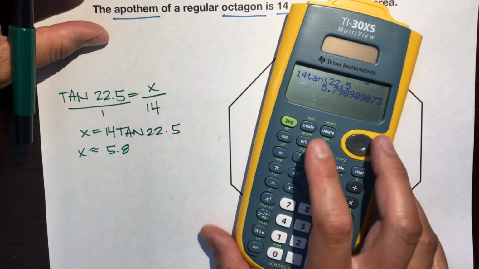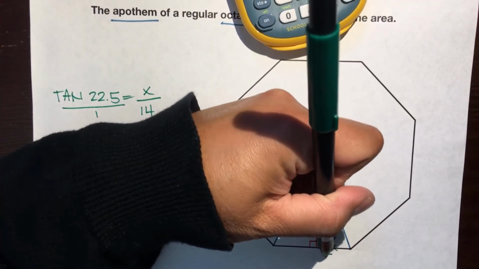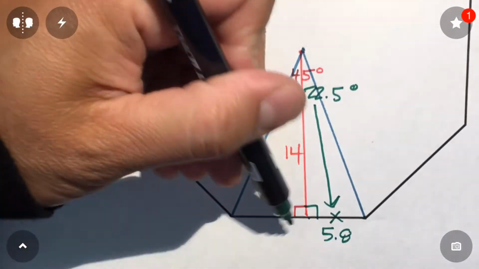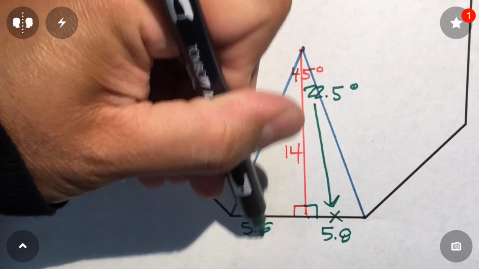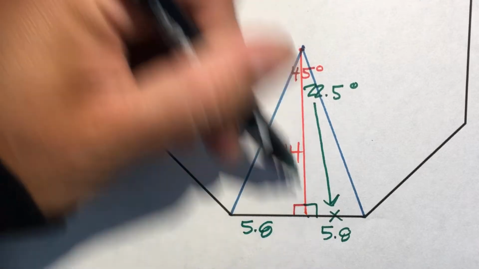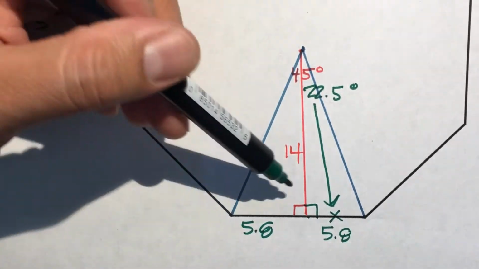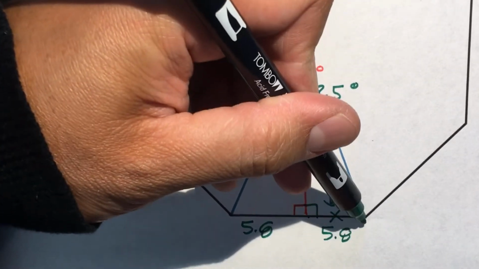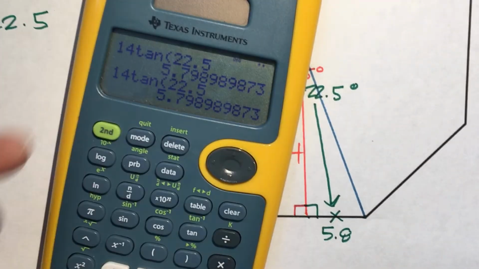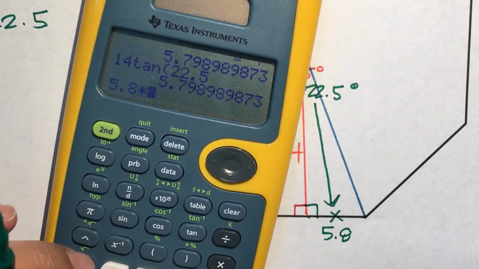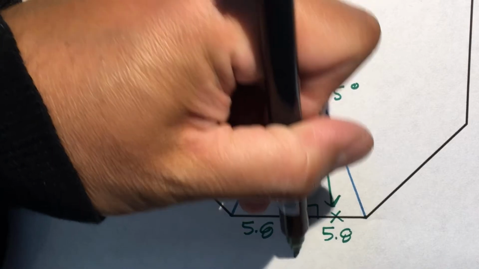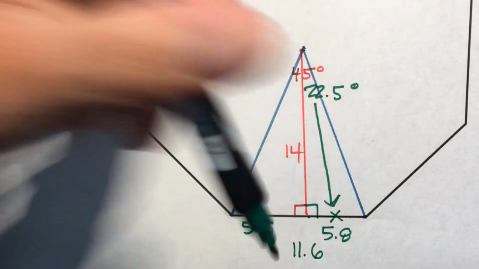So this is 5.8, and that means this is also 5.8 because this perpendicular line, which is the apothem of the octagon, bisects this base, so both of these are congruent. So the length of this entire thing, 5.8 times 2, is 11.6. So 11.6 is our base for our triangle.